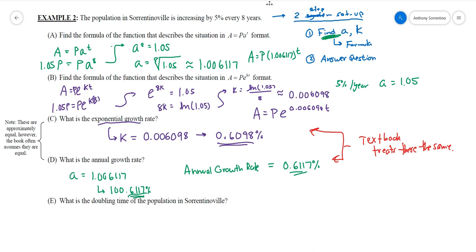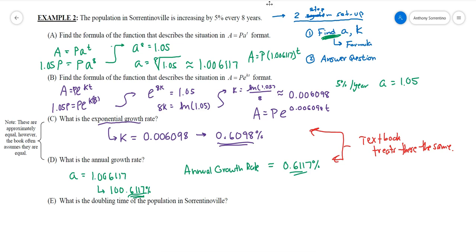So as a result, especially when you start dealing with bigger values, like an initial amount of 1 million, and you're looking for amounts or times and things like that, this percentage difference matters. If I round both of these off to two decimal places, it's 0.61. The k is a good approximation of the annual growth rate, but it really isn't the same thing.